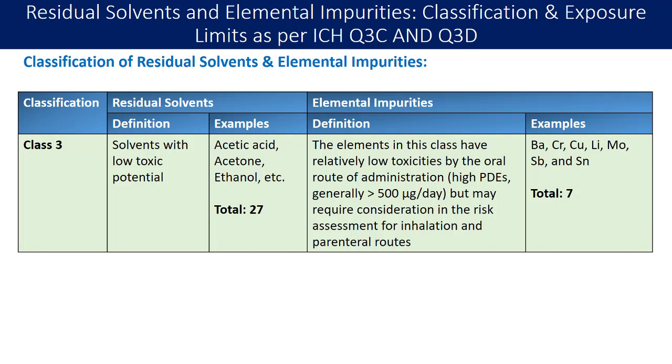So you will find generally the permitted daily exposure, or acceptable limit, for oral will be higher, then comes parenterals, and then comes the inhalation route of administration. But there could be some exceptions, one or two, but this could be the general way of defining the limits for elemental impurities. Again, as far as class 3 is concerned, for elemental impurities there are 7 elements like barium, chromium, copper, lithium, molybdenum, antimony and tin.